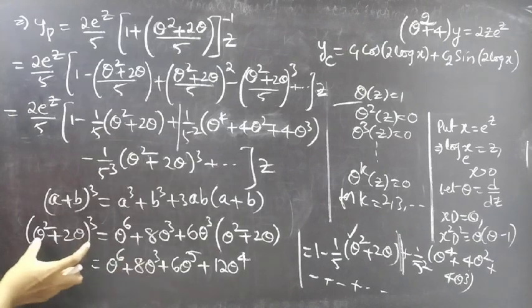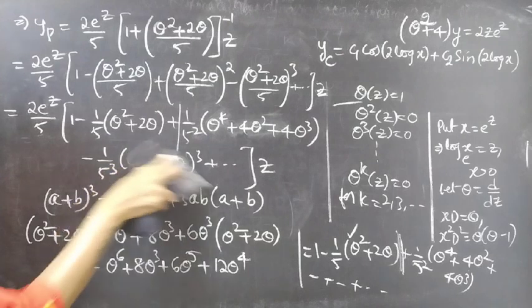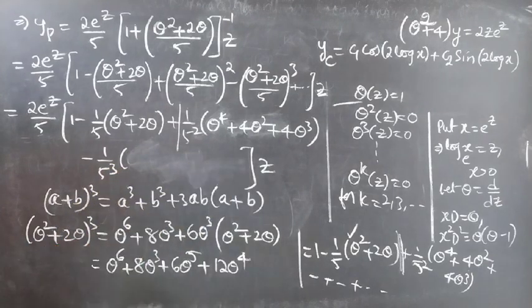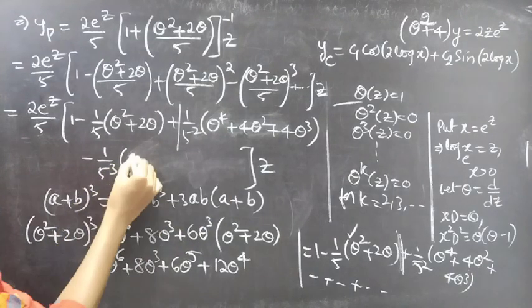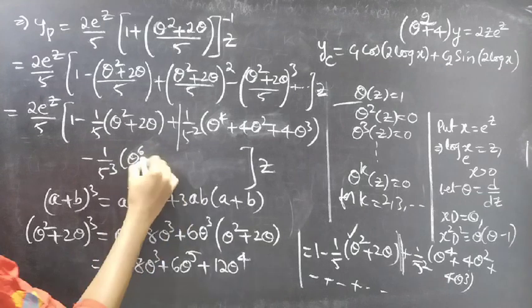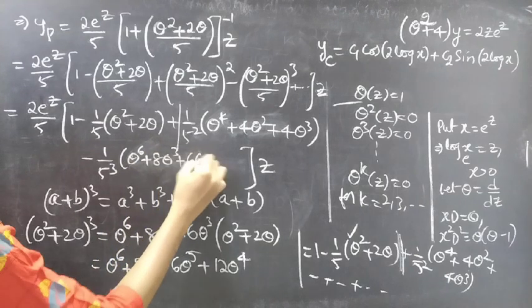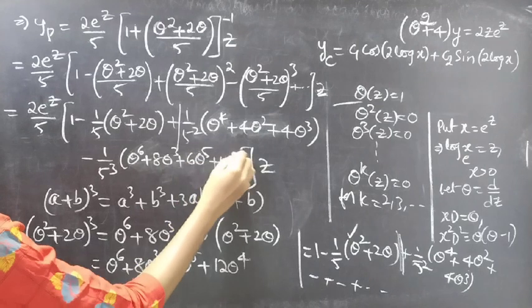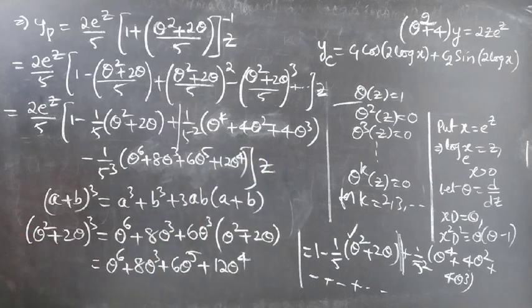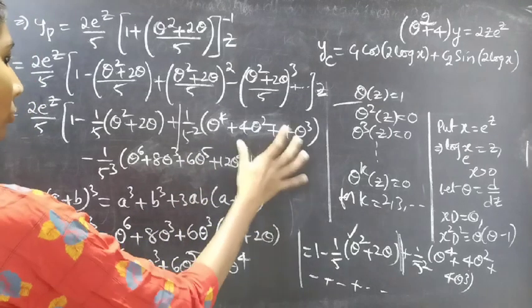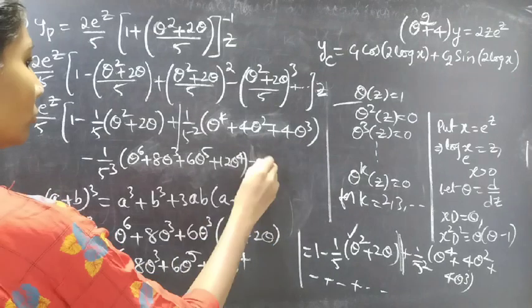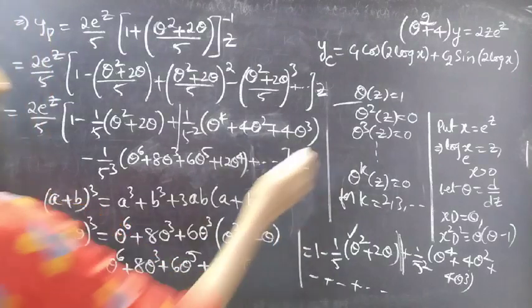I tried to expand (theta square plus 2 theta) whole cube. I'll just write it directly. If you want, you can check it, just put it on paper and you'll get to know the expansion. Plus so on, into z.